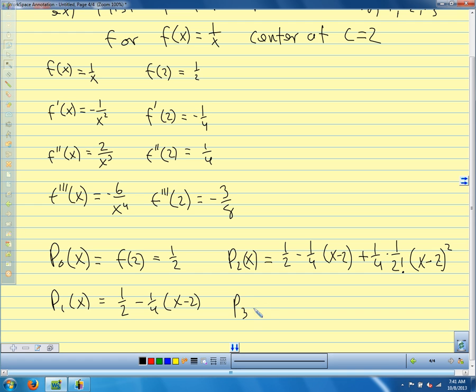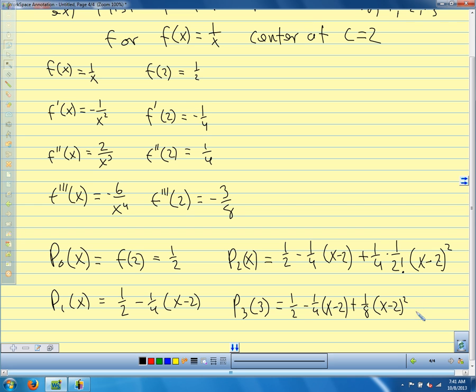And finally, my p sub 3, my fourth polynomial, is these three terms, 1/2 minus 1/4 x minus 2. And if I multiply these two out, I get 1/8 x minus 2 squared.